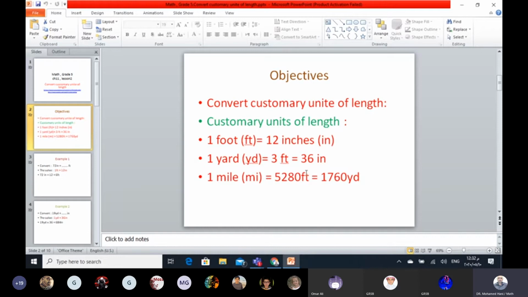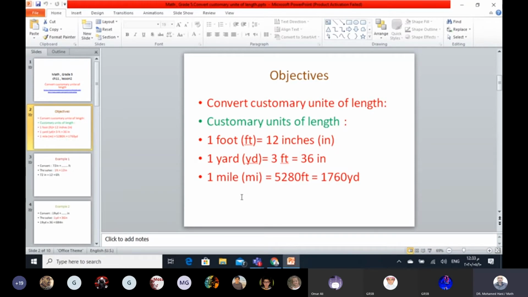And 1 yard equals 36 inches, because each 1 foot equals 12 inches. 3 feet means 3 times 12 equals 36 inches. So this rule is very important, to convert from yard to feet, or from yard to inch.